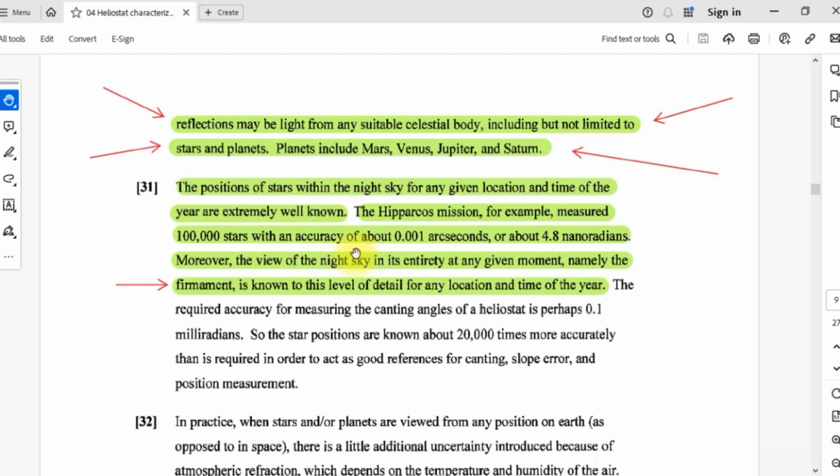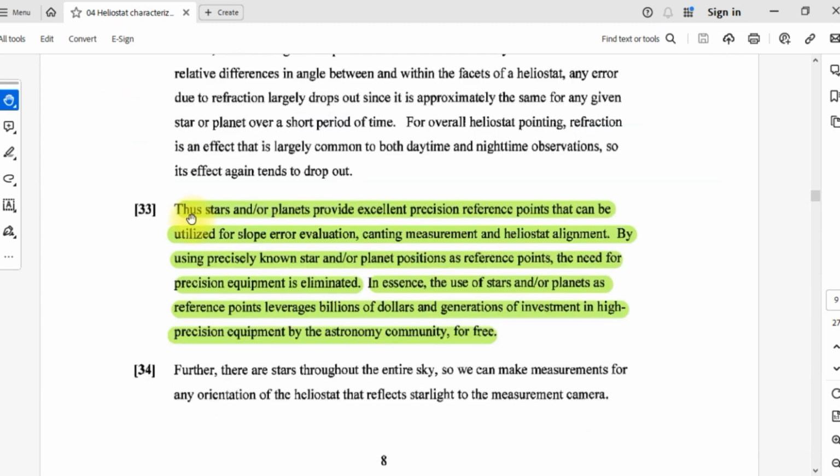So there are no changes in the position of the stars. They are fixed. They're not expanding as the heliocentric model has it, out of an explosion called the Big Bang. All stars are fixed and rotate over a flat and non-rotating Earth. Thus, stars and planets provide excellent precision reference points that can be utilized for slope error evaluation, canting measurement, and heliostat alignment.